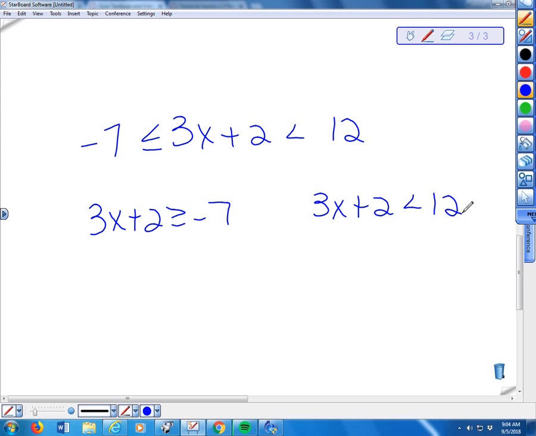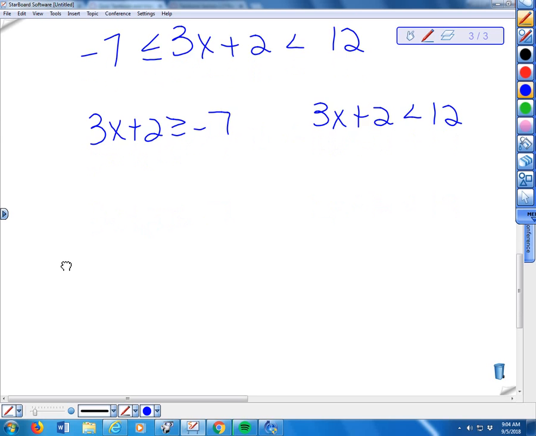Do you see the bigger part of the inequality is facing the x? The bigger part of the inequality is facing the x. So I put the x on the left just to make it easier for solving. But to do that, I had to flip the x, so I had to flip the sign. Make sense? Okay. This is one way you could solve it. Just do it both. 3x plus 2 is greater than or equal to 7.